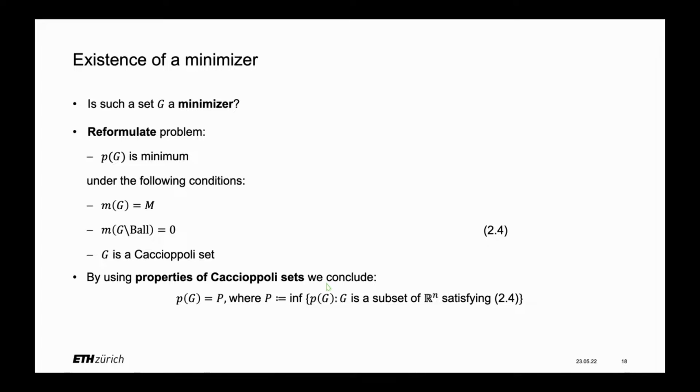So for today, we will just say that by using properties of Cauchy-Pauli sets, we can conclude that our perimeter of G is equal to P, where P is defined as the infimum of the perimeter of G, where G is a subset of Rn satisfying our conditions 2.4. So this says nothing else than if there is a P of G which is a minimum, then it must fulfill all of those three conditions. If not, it can't be a minimum.